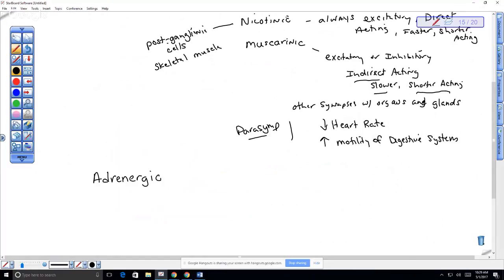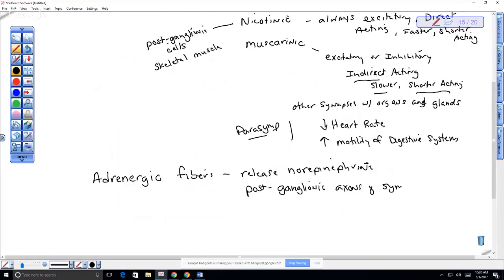So these would be adrenergic fibers, and they release norepinephrine. These would be the postganglionic axons of the sympathetic division.